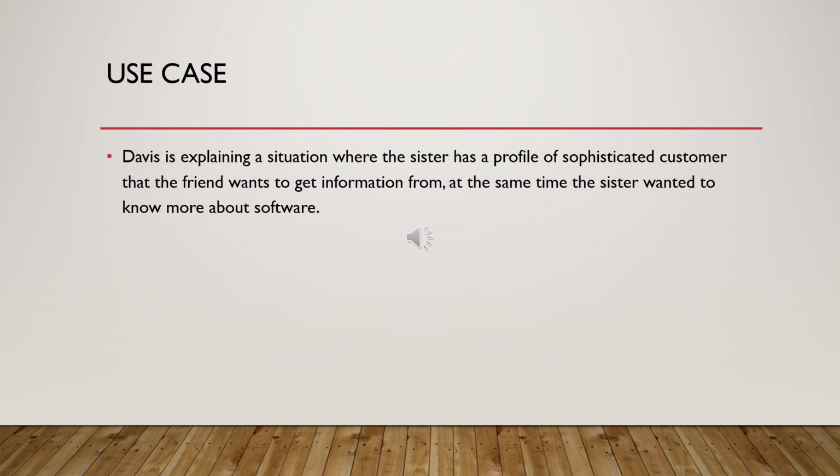But one of the most difficult parts here is the identification of those people. How to get information from the right person, how to identify the right person. So this is the main point of this article. David will teach us how we can get information from the right person.